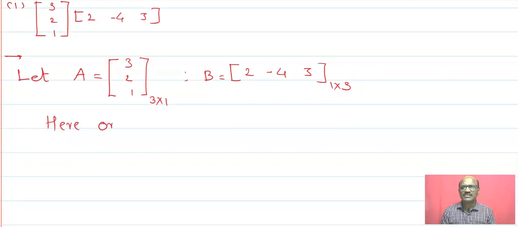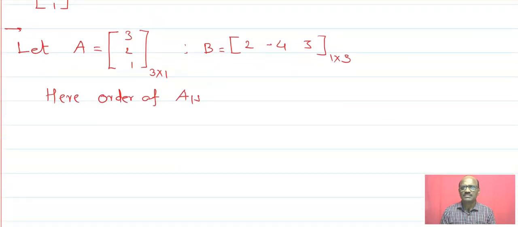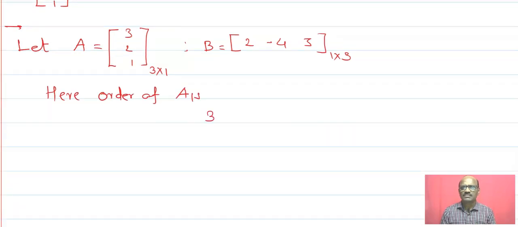Now in this case, if we want the product AB, A is 3 by 1 and B is 1 by 3.